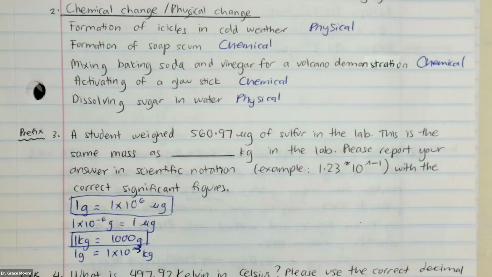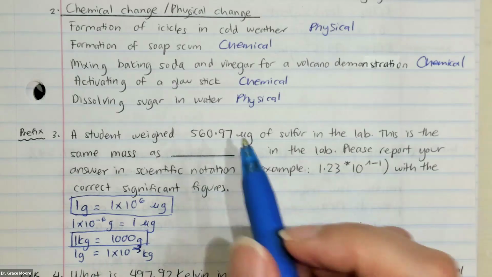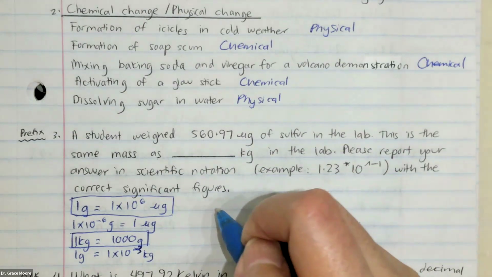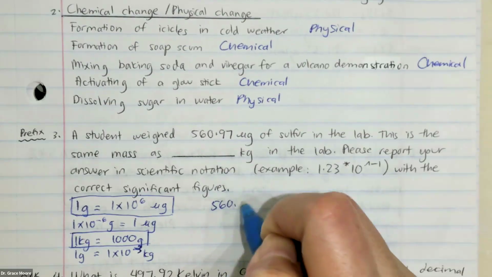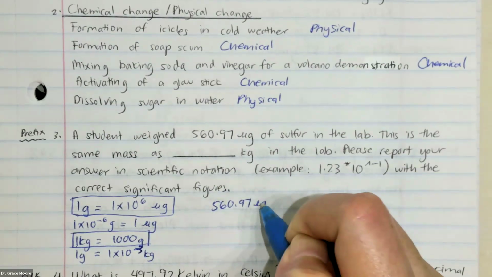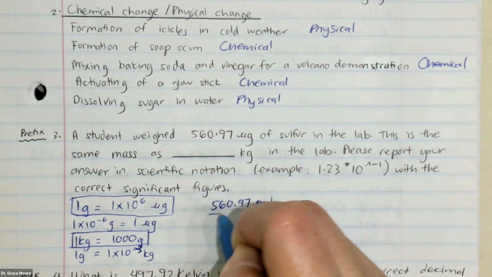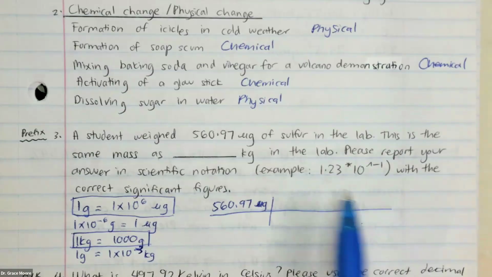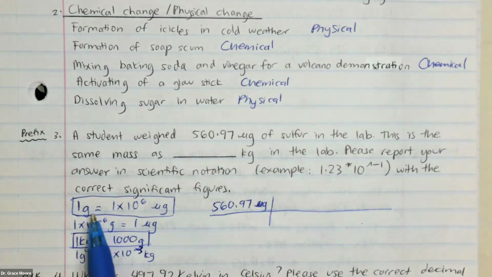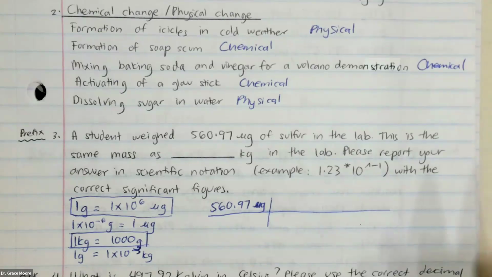So the trick with converting is you always want to write down the number you start with. So I'm going to start from 560.97 micrograms, okay? And then I'm going to try to convert it, number one, from micrograms to grams, and then from grams to kilograms. So I have to do a two-step conversion.